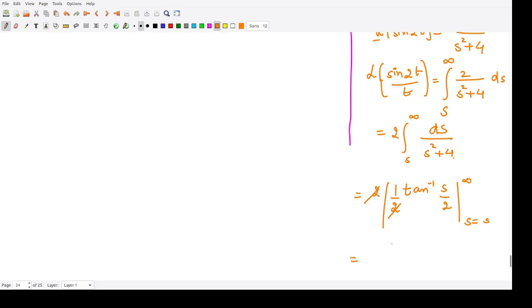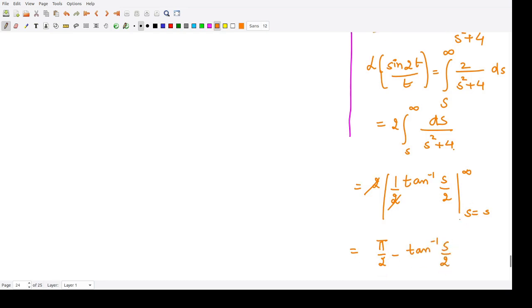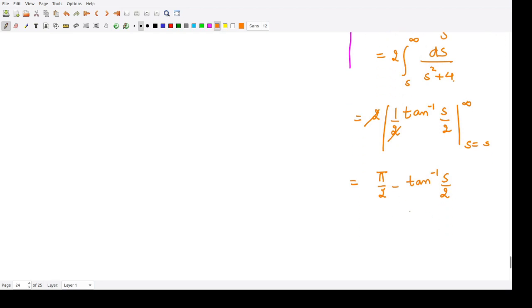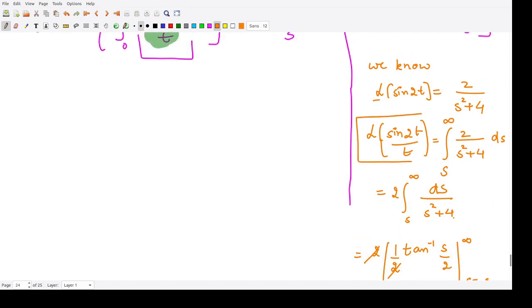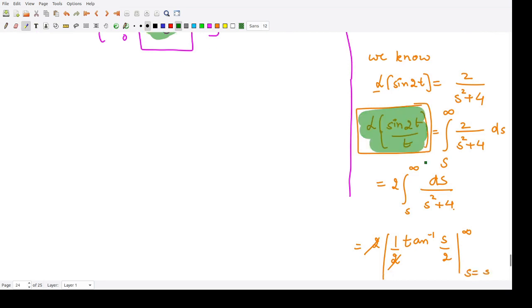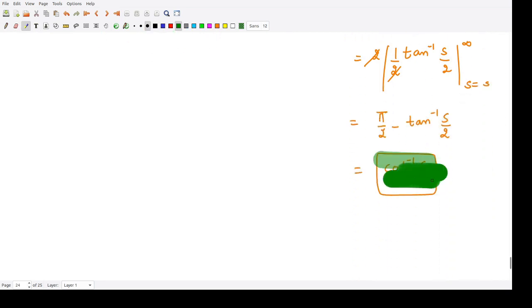Tan inverse of infinity is pi by 2, minus tan inverse of s by 2. And pi by 2 minus tan inverse s by 2 is nothing but cot inverse s by 2. So the Laplace transform of sine 2t divided by t is equal to cot inverse s by 2, right?